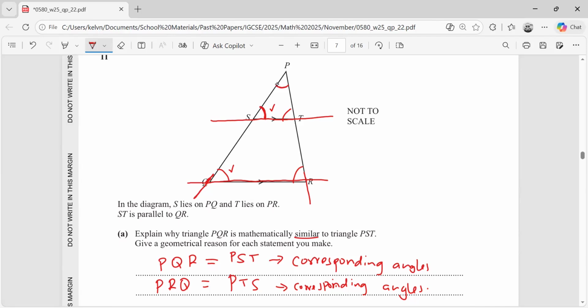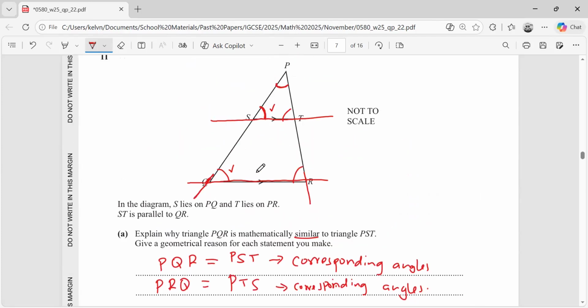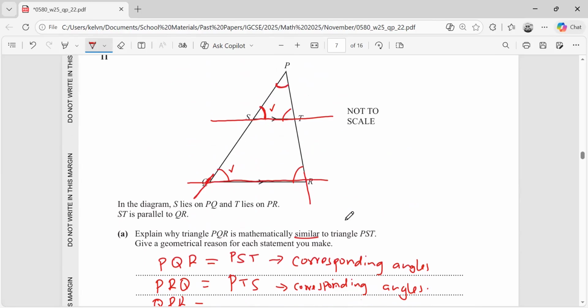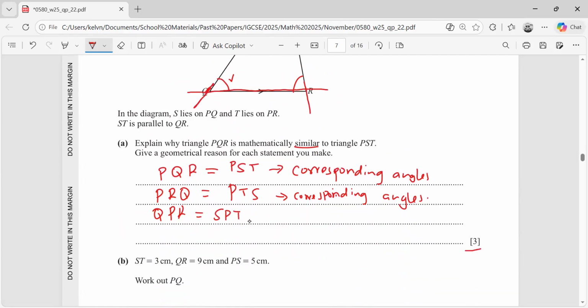Notice they both share the angle P. So you can say angle QPR is equal to angle SPT, because they are sharing that angle, it's a common angle.